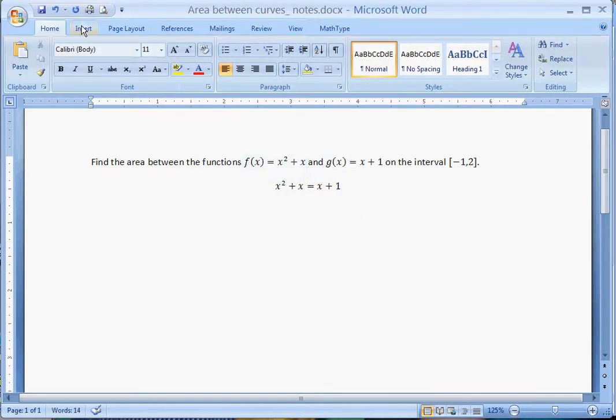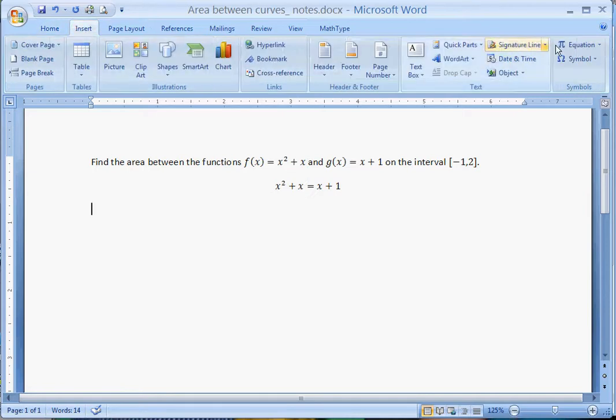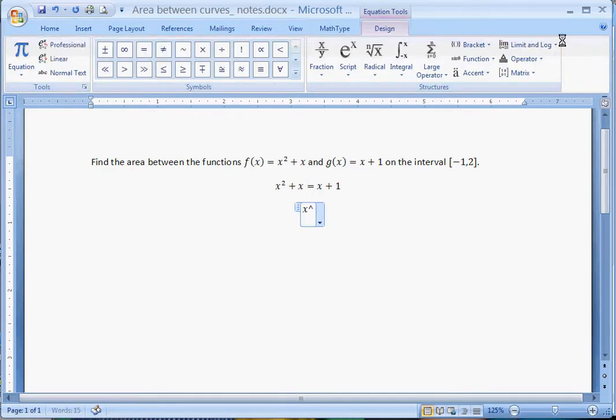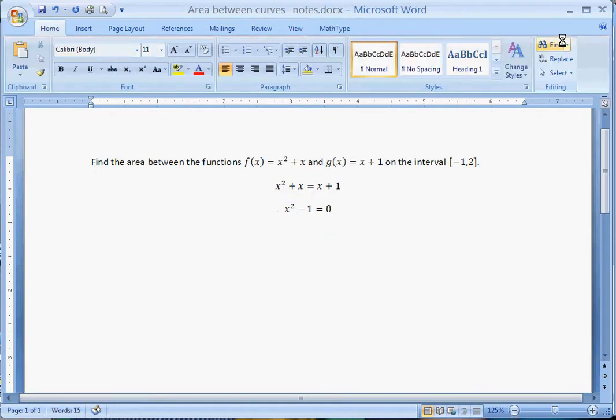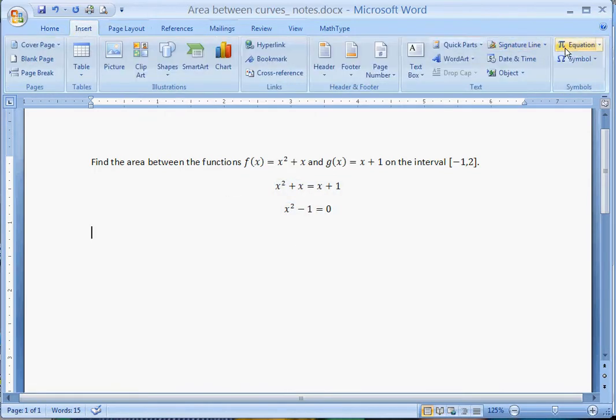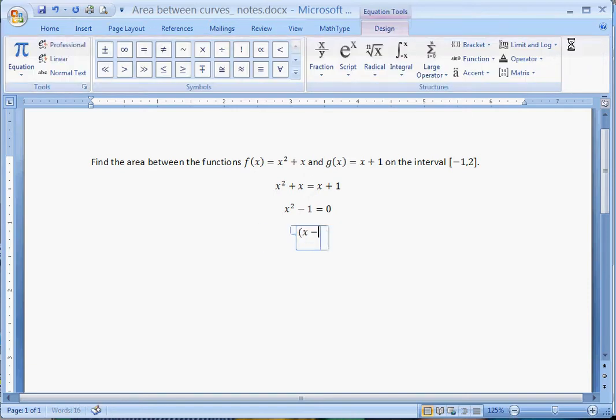And now this is a quadratic. To solve a quadratic, remember we get all the terms over on one side. I do that by subtracting x and 1 from both sides. This is the difference of two perfect squares, you may remember. You could also just think about it as factoring, so x minus 1, x plus 1 equals 0.